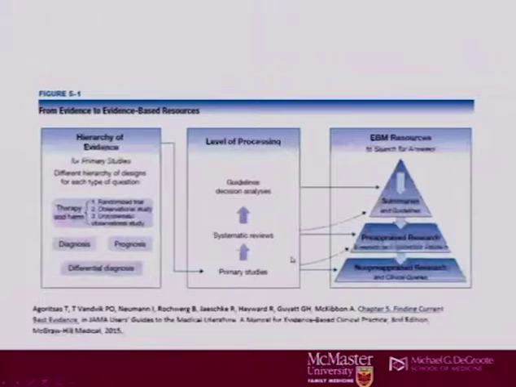So this slide depicts how evidence processing actually occurs, beginning with the primary studies that can be broadly categorized by therapy, diagnosis, prognosis, differential diagnosis, and their contributions to what are the systematic reviews and even the guidelines.